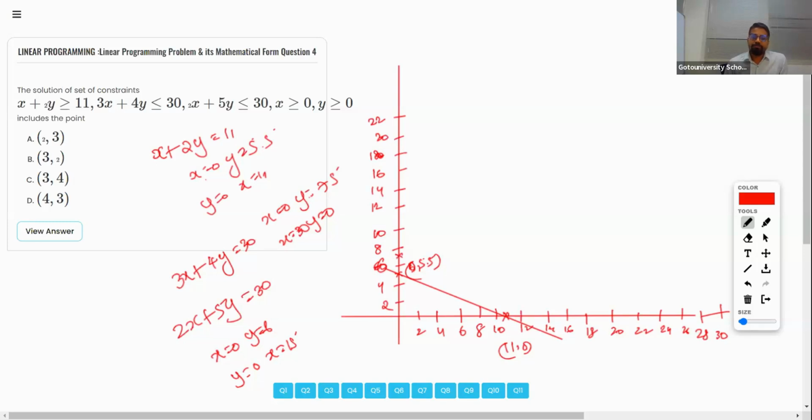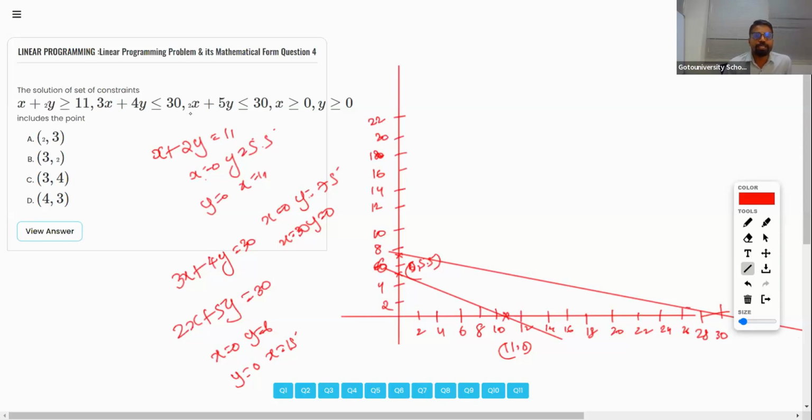Next, we have (0, 7.5) here, and then (10, 0) here. So the line will be going like this. So where is the region? It is above 11, so this is x plus 2y greater than or equal to 11. This will be going above 11. And also 3x plus 4y. So the region is between these two lines, right?